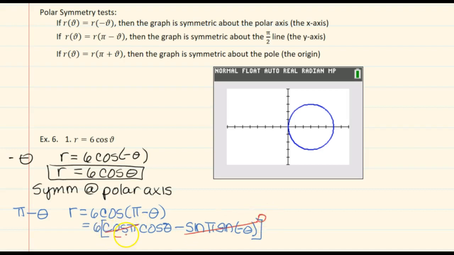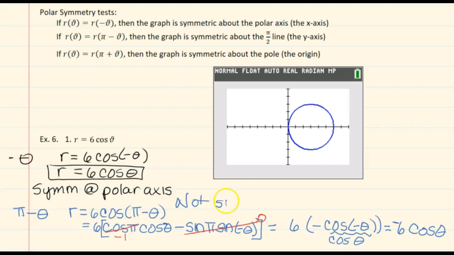And we know cosine of pi is negative 1. So this reduces our equation to 6 times negative cosine of negative theta, and that reduces to negative 6 cosine theta, because cosine of negative theta is the same thing as cosine of theta, and then we just multiply the negative on the outside. Since we didn't get the same thing, we realize that this is not symmetrical about the y-axis or the pi over 2 line.